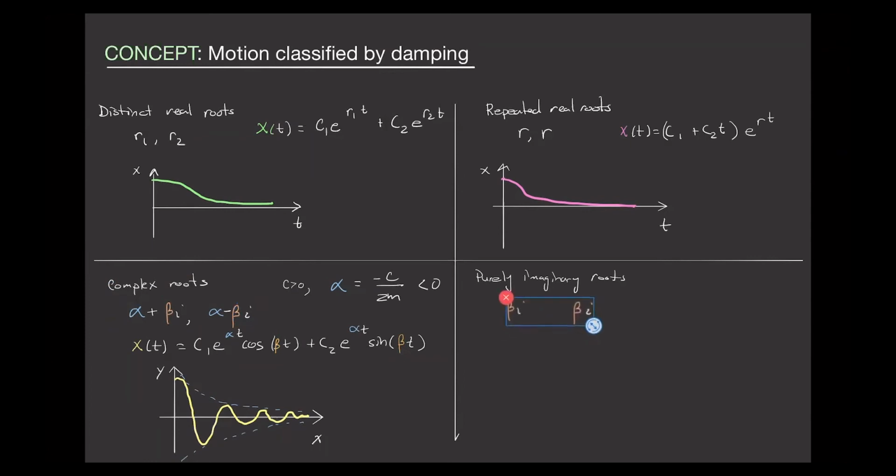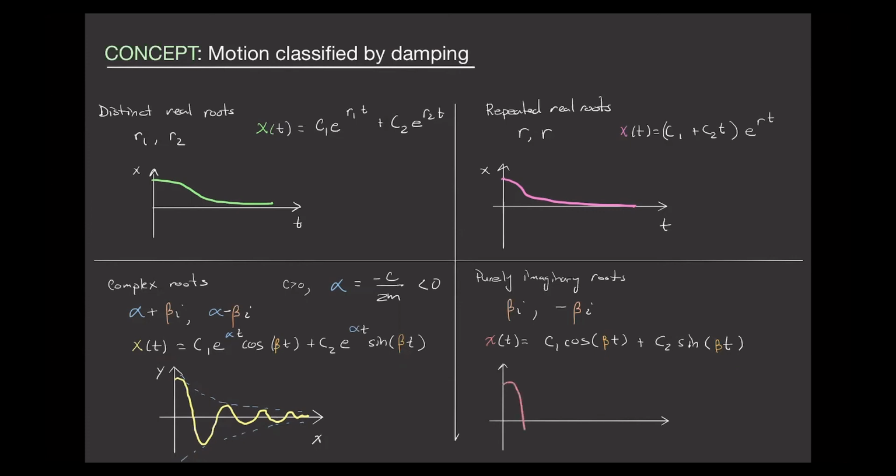If you don't have a real part, you just have plus and minus beta i. In that case, you're going to have a solution function that is C1 cosine of beta t plus C2 sine of beta t. There's no decay factors anymore. And what that amounts to is just what I'm calling natural oscillation. That is where there's no decay, and essentially there's nothing to keep it from oscillating forever.